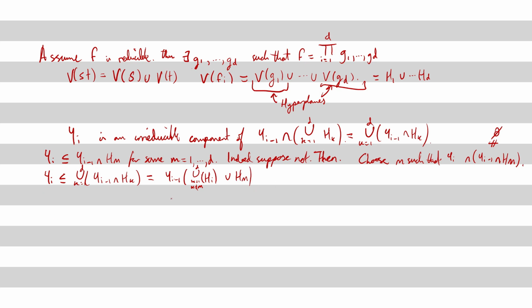So then Y_i is equal to Y_i intersect, whoops, I made a mistake here. Y_{i-1} intersect that: Y_{i-1} intersect the union from k equals 1 to d, k not equal to m, of H_k, union H_m.